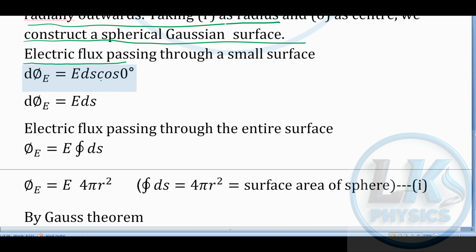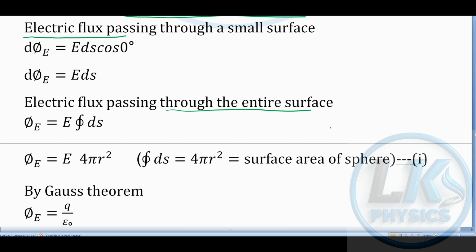So the value of cos 0 is 1. We get E ds. Now we find total electric flux passing through the entire surface. For total electric flux, we integrate the equation. Then we get phi E equal to E times the integration of ds.